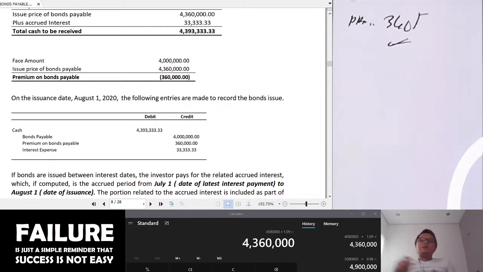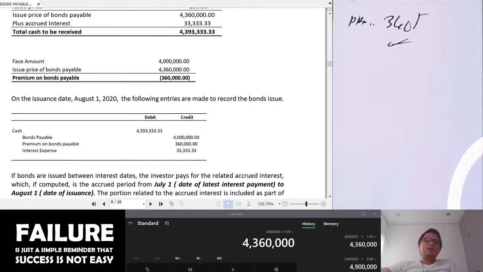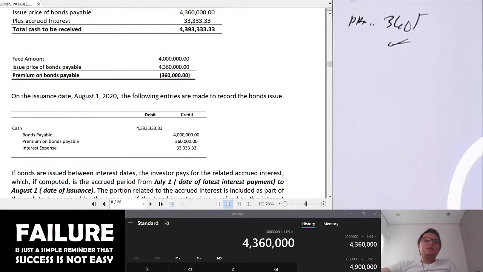So, notice, no? The accrued interest is credited to interest expense. Kasi nga, again, yung understanding natin dyan, sa payment natin na ma-receive relating to the accrued interest is that it is a refund on our part, because yun nga, on the date of interest payment, we are to pay the investor at full.